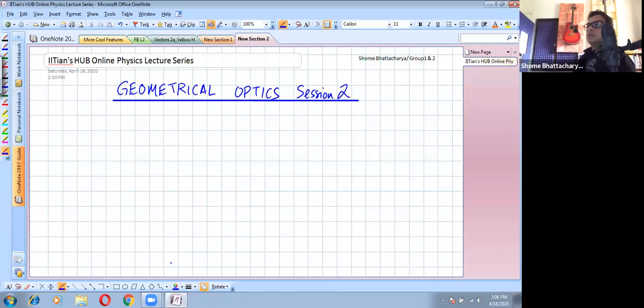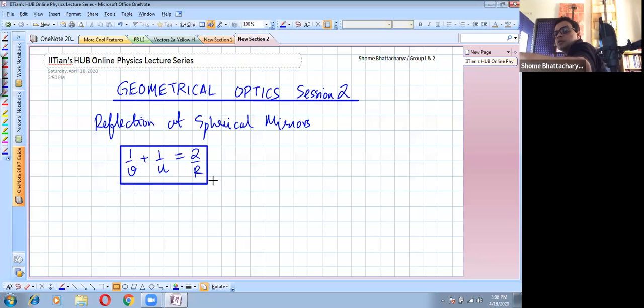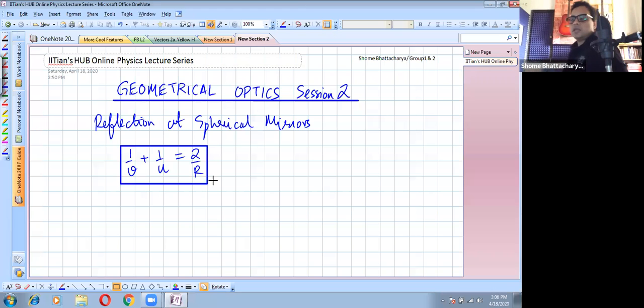So we saw the important thing about reflection at a spherical mirror last time. And to that end, we saw that as far as spherical mirrors are concerned, for point objects, the formula for the position of the image is given by 1/v + 1/u = 2/r, where we understand that v, u and r are quantities with Cartesian sign, according to the algebraic sign convention.